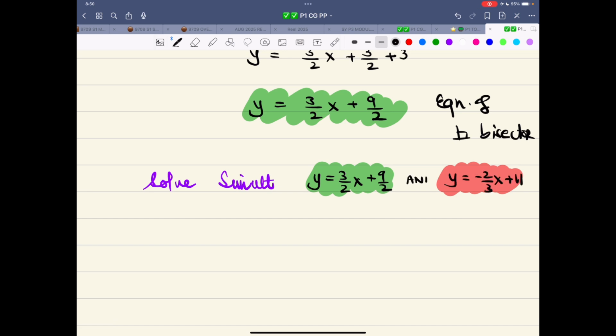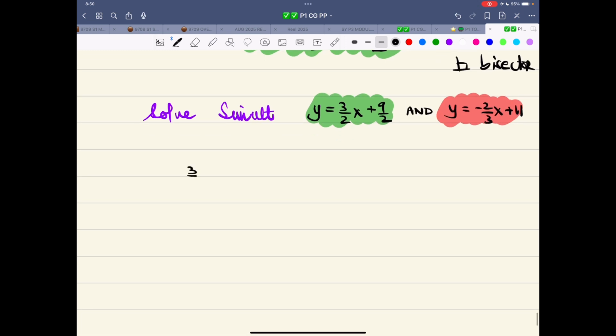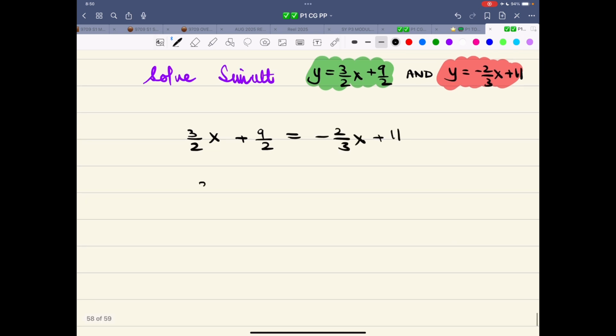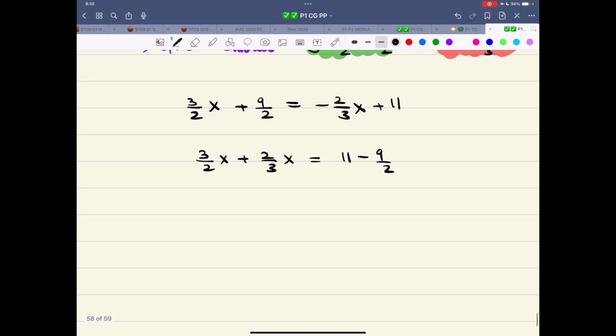So now when we solve it simultaneously, 3 over 2x plus 9 over 2 is negative 2/3 x plus 11. So now 3 over 2x plus 2 over 3x is equal to 11 minus 9 over 2. 22 minus 9, that is 13 over 2.